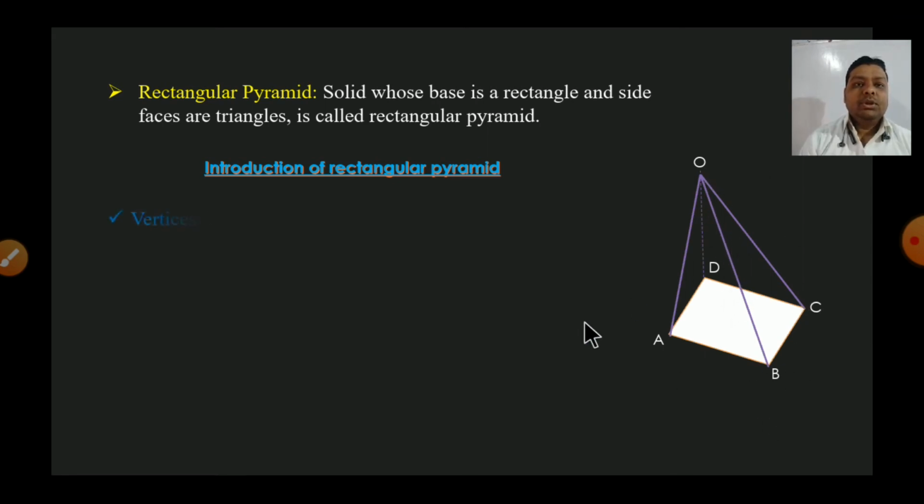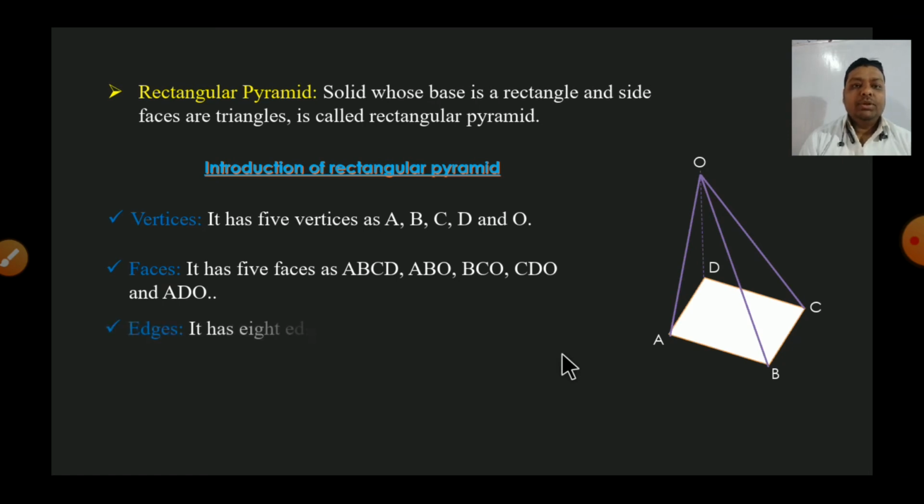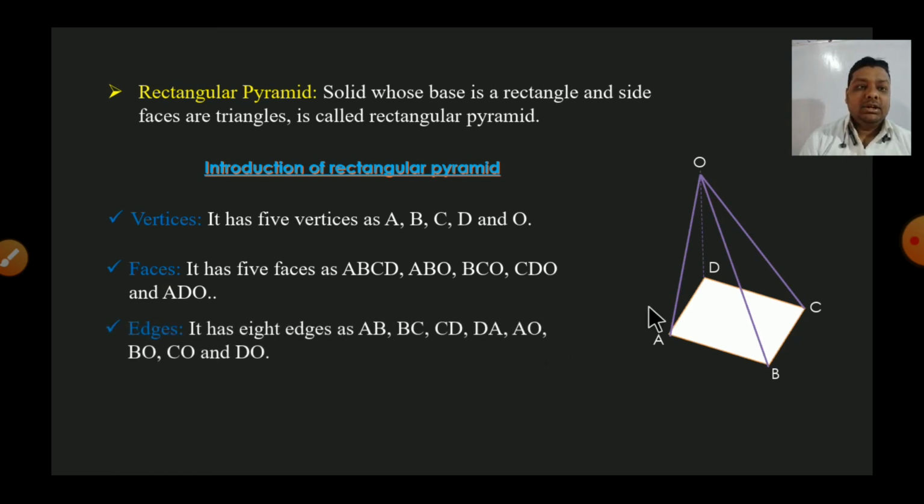Vertices: it has again 5 vertices, same as a square pyramid, A, B, C, D and O. Faces: it has 5 faces, ABCD rectangular face, then ADO triangular, CDO triangular, BCO triangular and ABO also triangular. It has again 8 edges, 4 on the rectangle and 4 on the triangular sides: AB, BC, CD and DA, and AO, DO, CO and BO. I hope you all have understood the rectangular pyramid also.